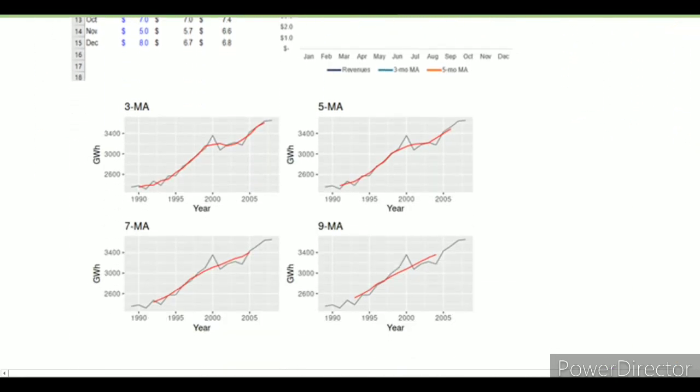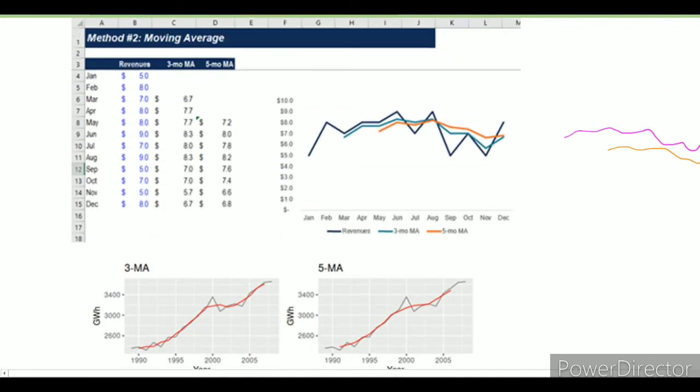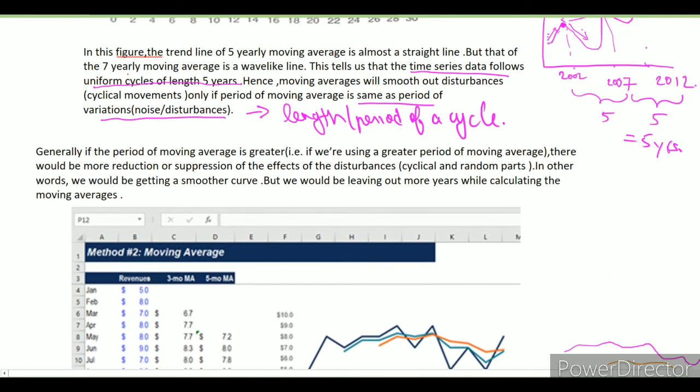Let us take another example. For the same data, if you plot the graph, the gray line here is the actual data, and we're fitting a 3-year moving average, a 5-year, a 7-year and a 9-year moving average. This shows that if we increase the length of the period of the moving average, we are closer to getting a smoother trend line.